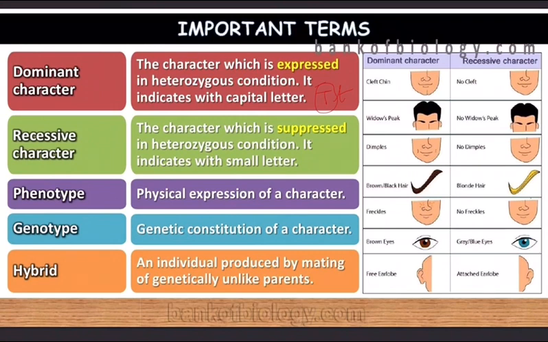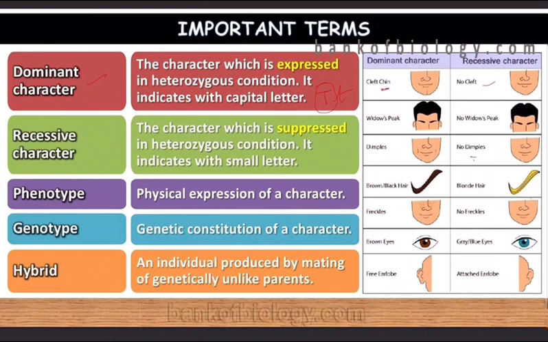For example, capital T, small t, just now we said. Here capital T is called the dominant gene and small t is called the recessive gene. Though the recessive gene is present, capital T is able to express itself. So the plant becomes very tall or the person becomes very tall. So capital T henceforth is referred to as the dominant gene and the character that it expresses, like tallness, is the dominant character.